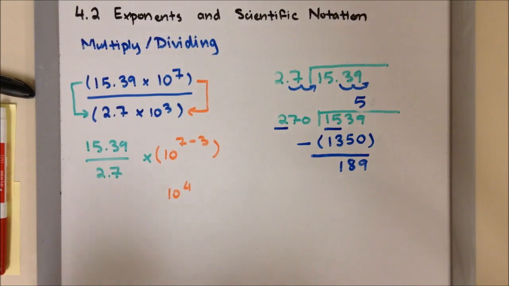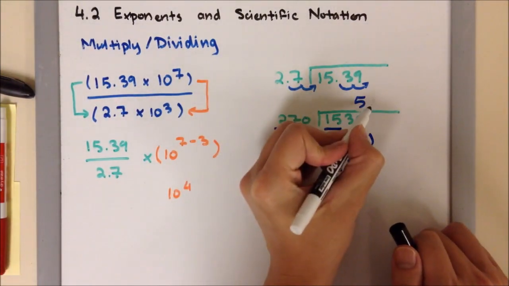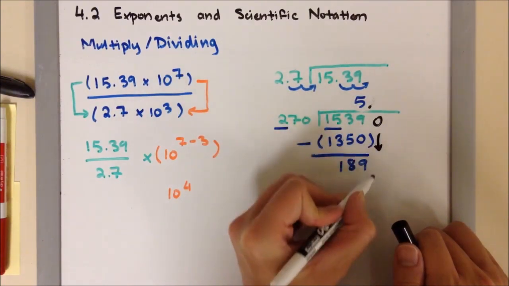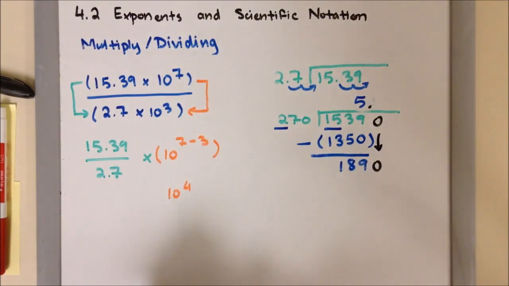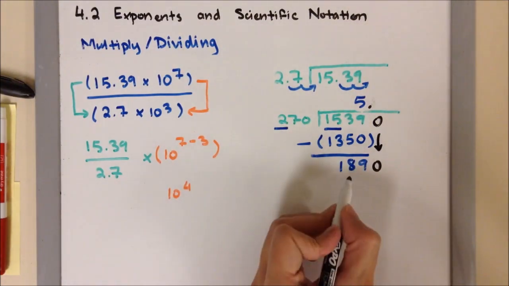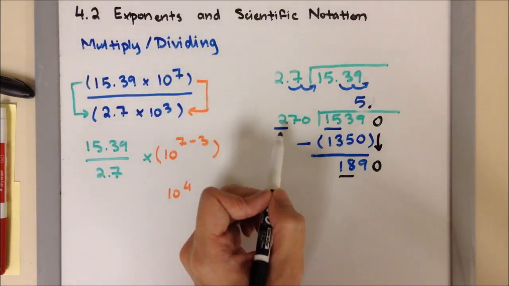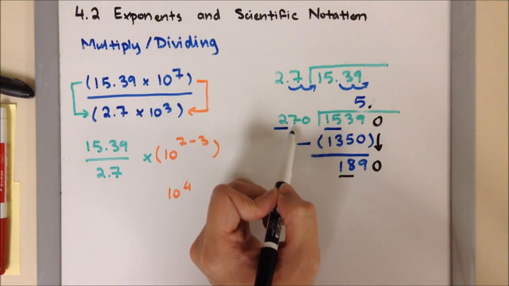Next, I gotta keep going because I can't just stop there. So that means I'm going to add a decimal, meaning add a 0, bring it down. So it's now 1,890. So then I'm going to be looking at my 18. So 2 can go into 18 9 times. I could try 9, but if I do that, 9 times 7 is going to be 63.